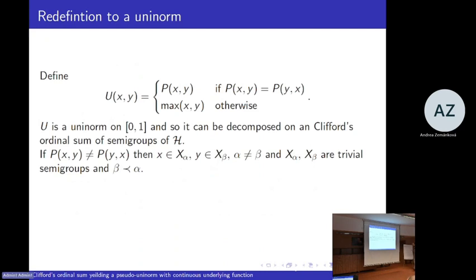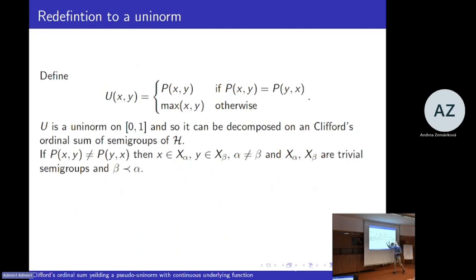So we have this setup, and we decided to work with some pairs along this characteristic set-valued function. And we decided to define a uninorm just by replacing those points where the non-commutativity occurs by maximum.